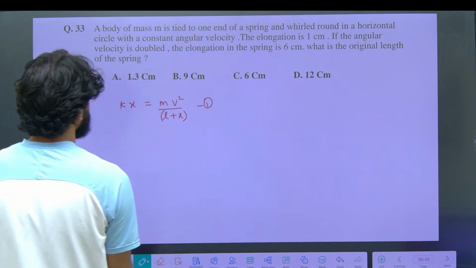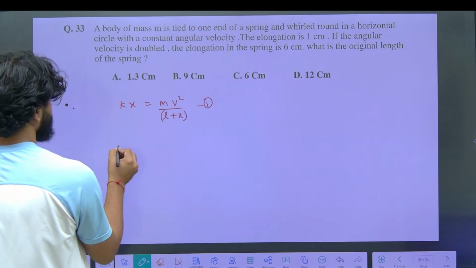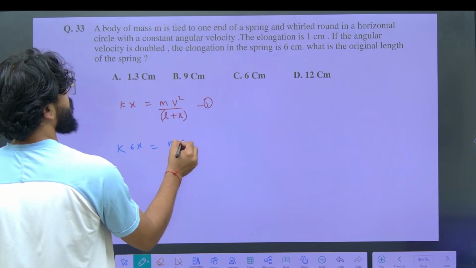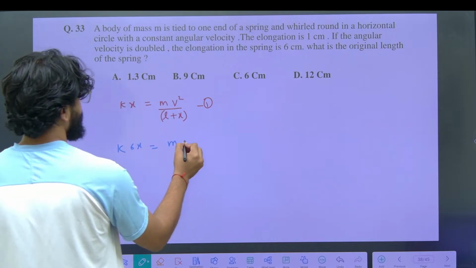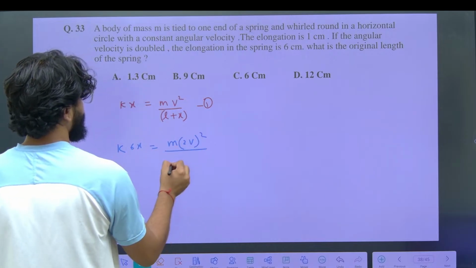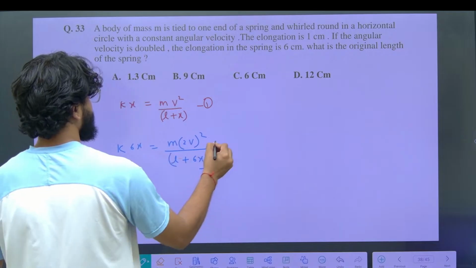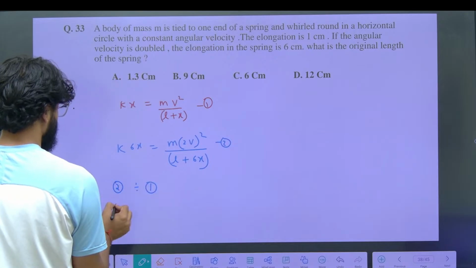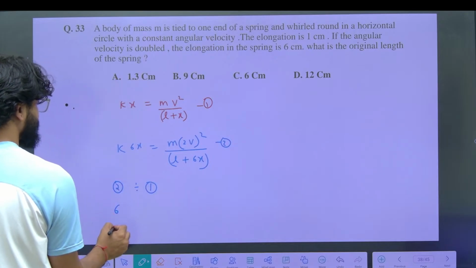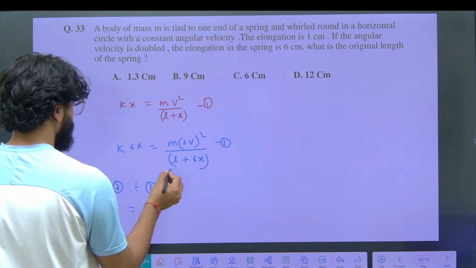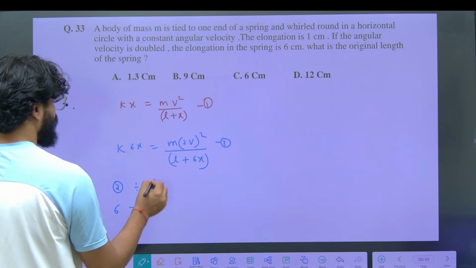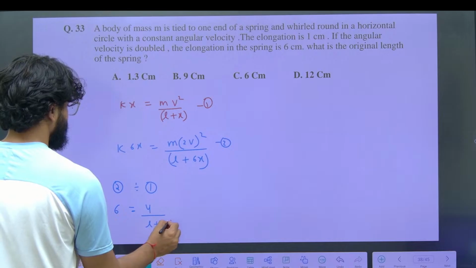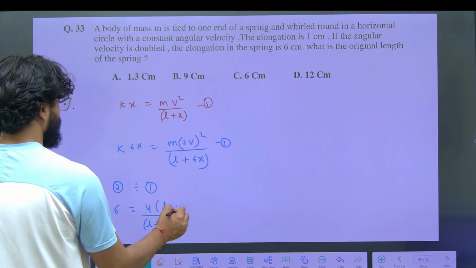Secondly, as the elongation changed to 6 times, k6x equals to, when velocity is doubled, 2v square upon L plus 6x, correct? If we divide 2 by 1, it will be just 6 equals 4, because everything will get divided by L plus 6x, and over here it will be L plus x.